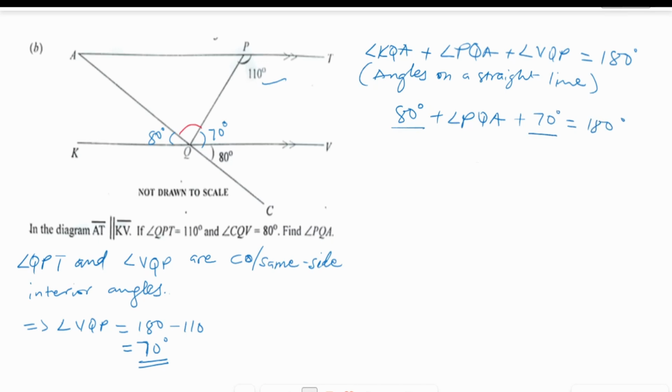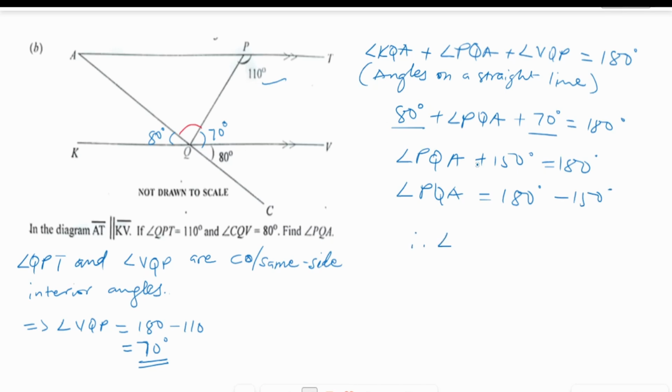80 plus 70 is 150. So the measure of PQA plus 150 degrees equals 180 degrees. And angle PQA will be equal to 180 degrees minus 150 degrees.